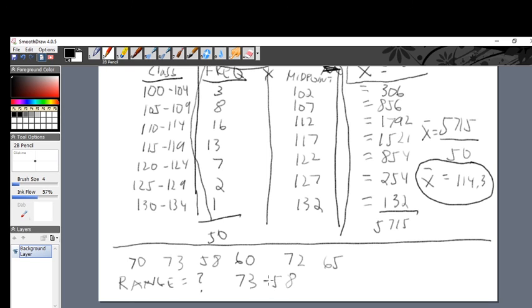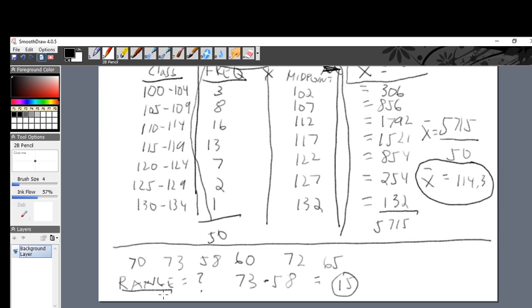You subtract the lowest from the highest. 73 minus 58. What does that equal? That's equal to 15. There is your range.